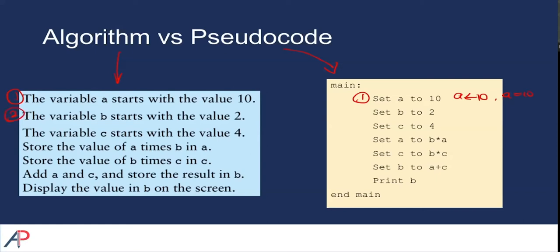For step 2 of the algorithm, the variable b starts with the value 2. So that would mirror this step 2. I'm going to go ahead and skip over to step 4, which is store the value of a times b in a. So we have our step 4 here, set a to b times a, which is exactly what we have here, except written in a little bit more coding format.